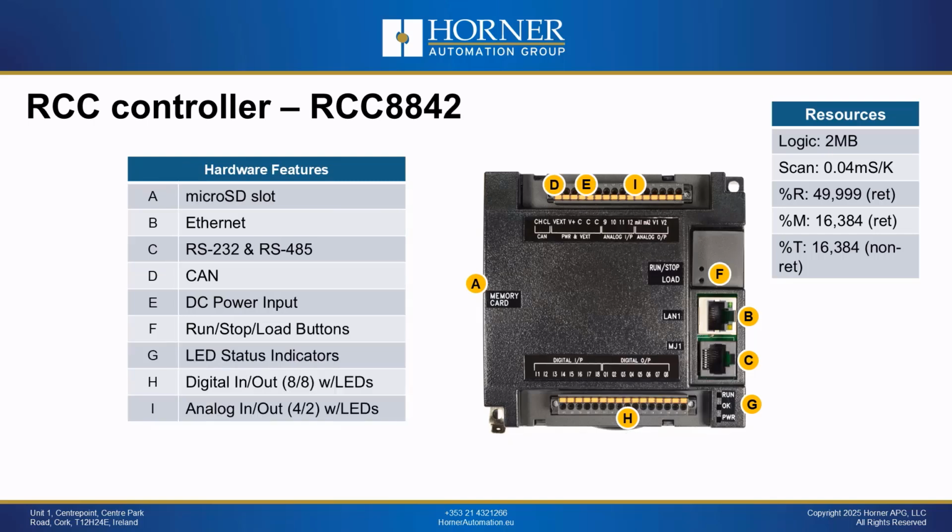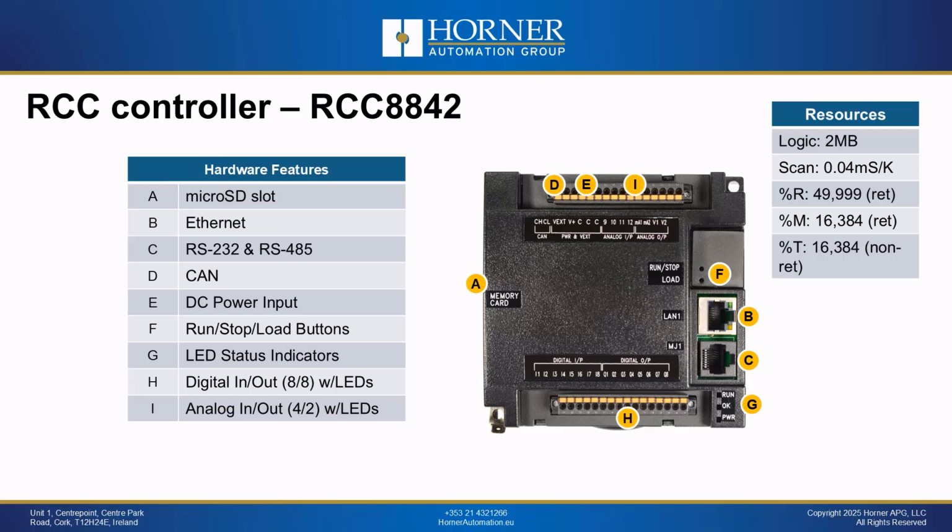Now let's take a look at the RCC 8842. It is identical to the 1410. The only difference is the I/O complement. It has 8 digital in and 8 digital out, 4 analog in and 2 analog out.